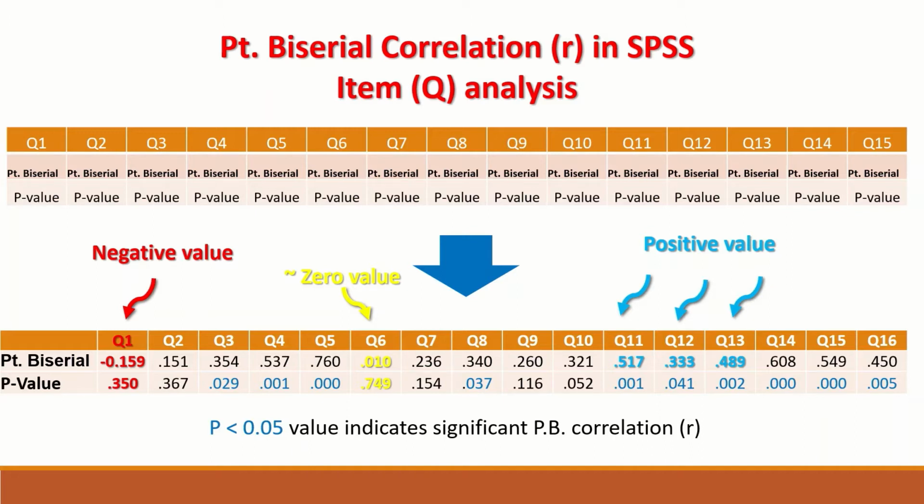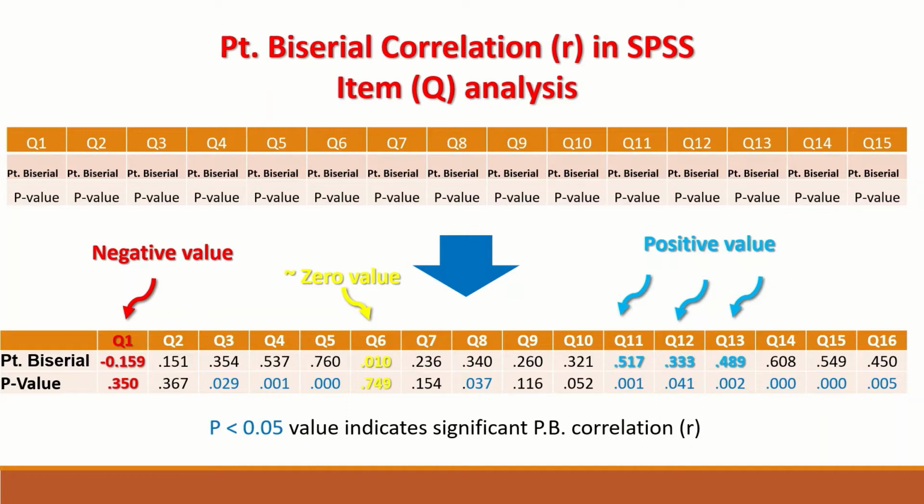Again, from this table on the bottom, we can say that question number 3 is a good question. Question number 4 is a very good question. Number 5 is a very good, if not excellent, question. Number 7 is not a good question. Number 8 is a good question.